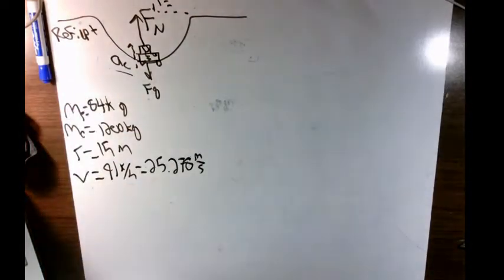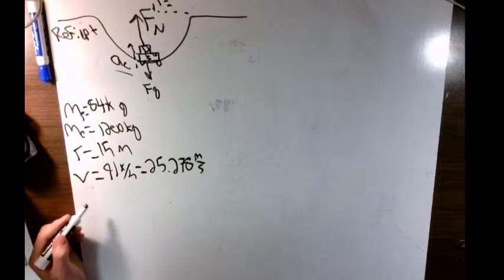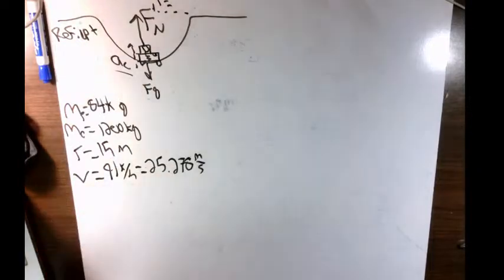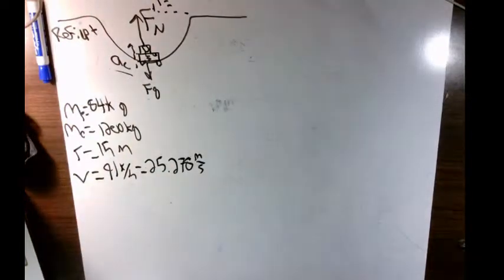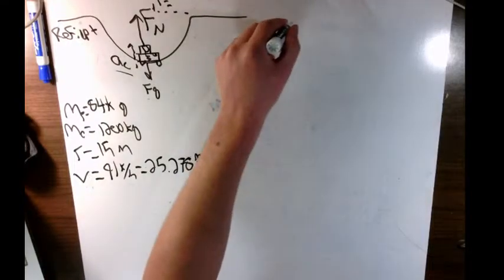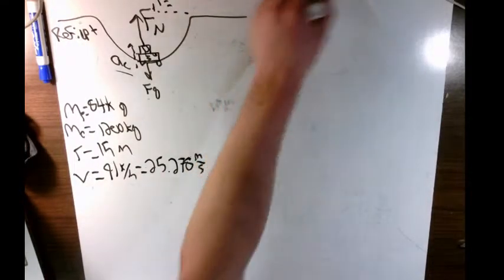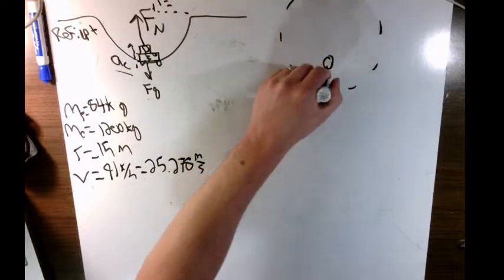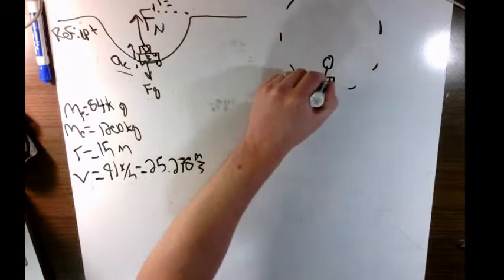Centripetal acceleration. We're looking for the maximum scale reading. So this person is sitting on a scale, and we're actually only analyzing this person and the scale they're sitting on. If I were to redraw the free body diagram for that, just with the circle, we have our person sitting on a scale.